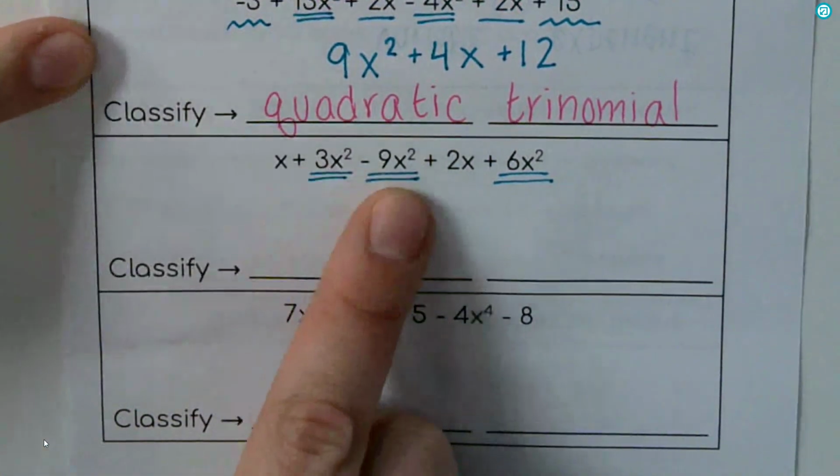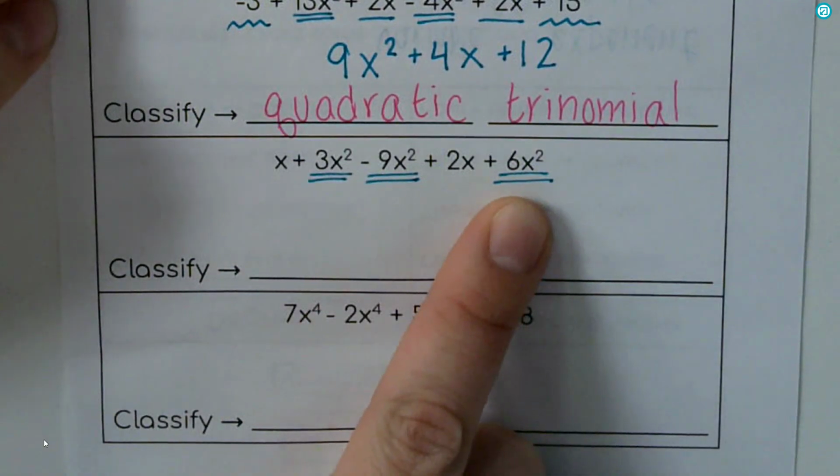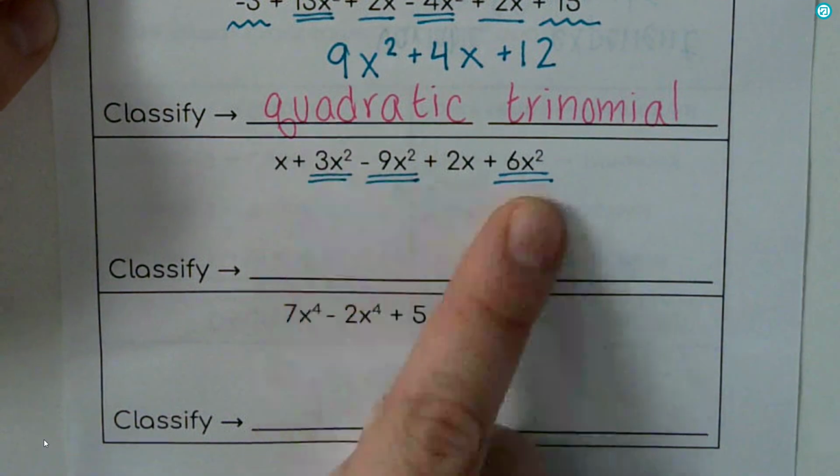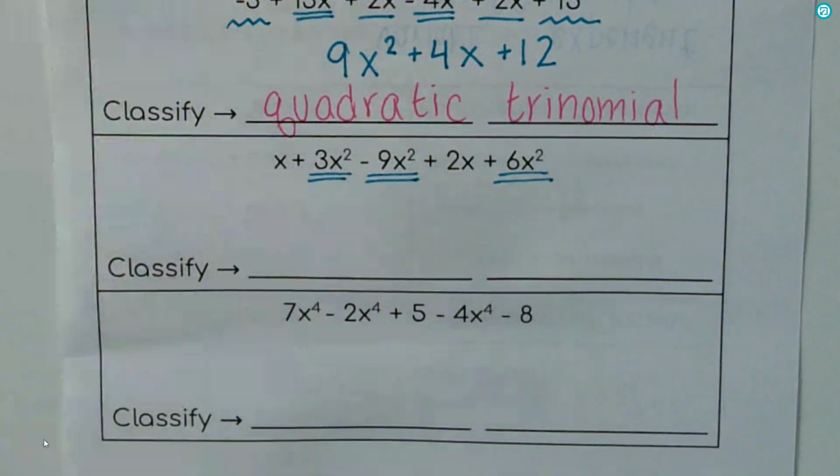What is 3 minus 9? Negative 6 plus 6. 0. Okay, how many x squareds do I have left? None. 0. Okay, so those completely cancel out.